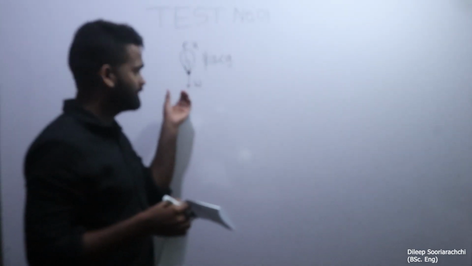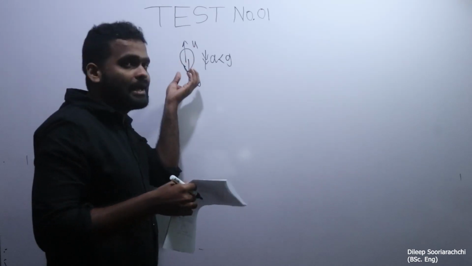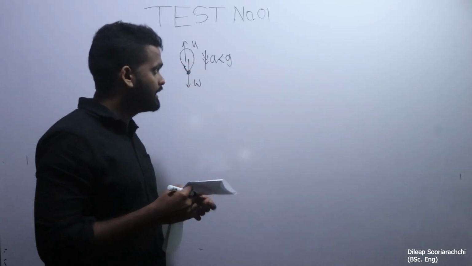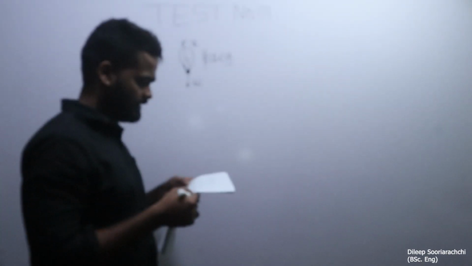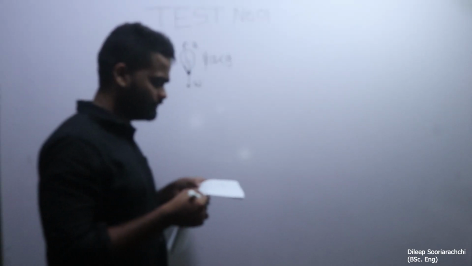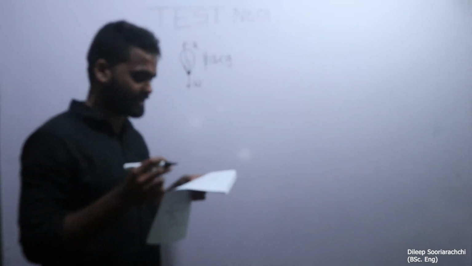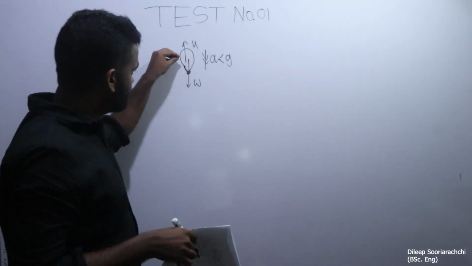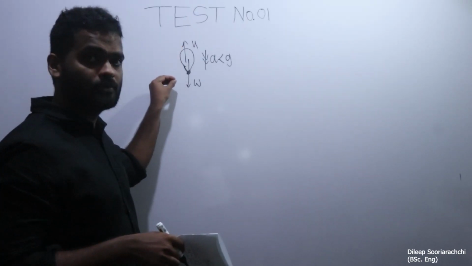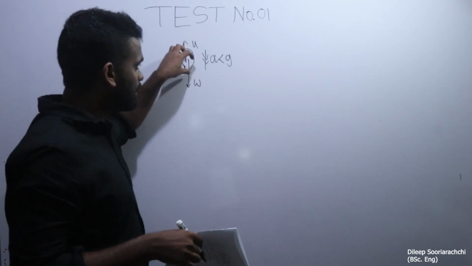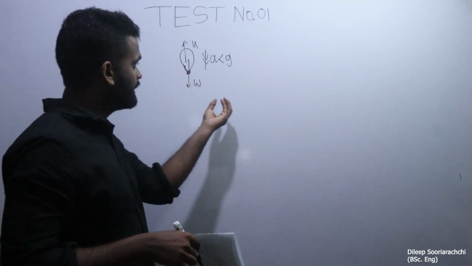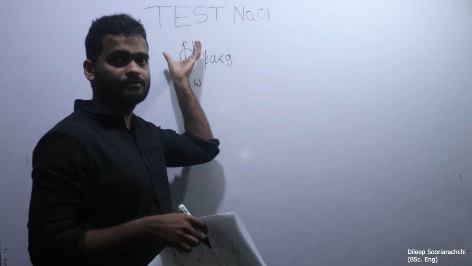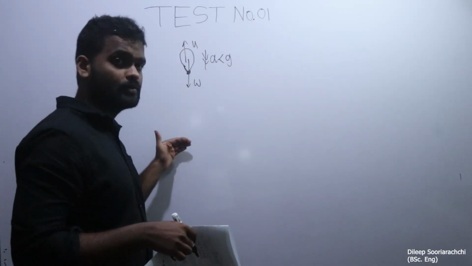Then they say some weight from the balloon is removed. Then the balloon moves upwards with acceleration a. So when some of the weight from the balloon is removed, now the balloon is lighter, it moves upwards now. For the first case, it was moving downwards.